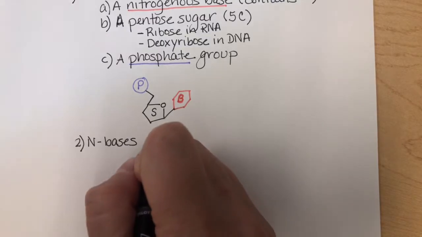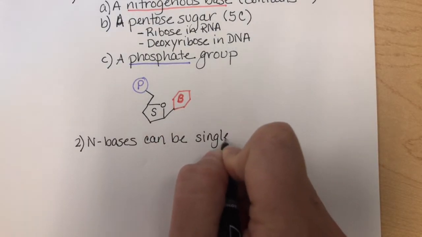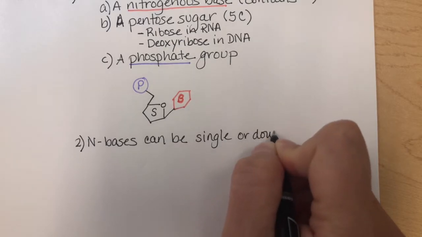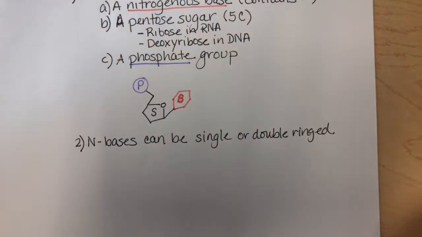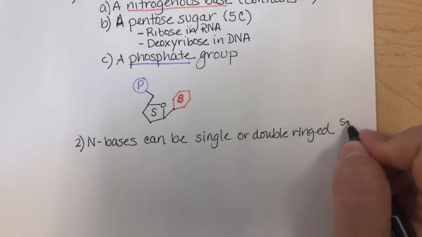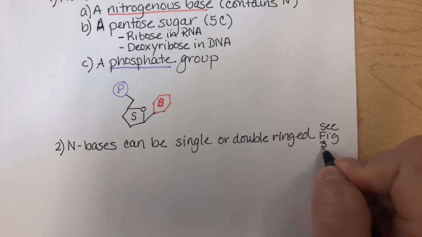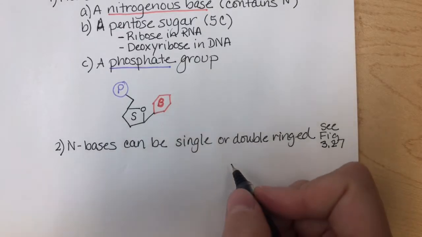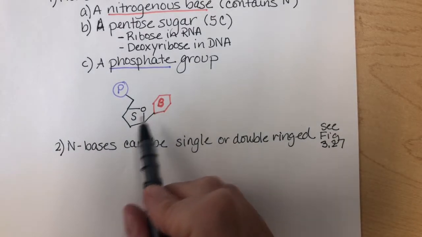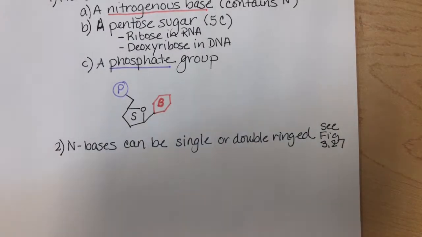Nitrogenous bases can be single or double ringed. And I'm going to put here, see figure 3.27. I'm going to show you that in just a second here. All right, so I just showed you here a single ring for your base. That's one type of base.